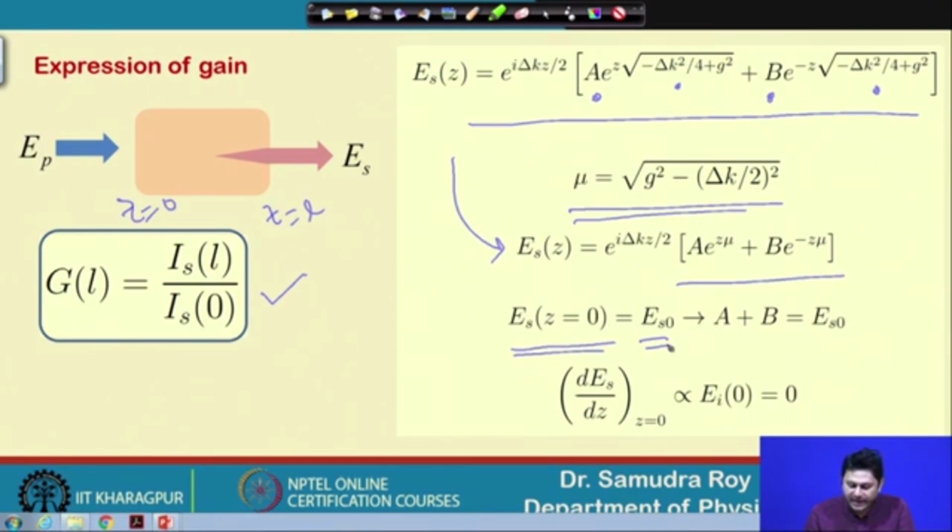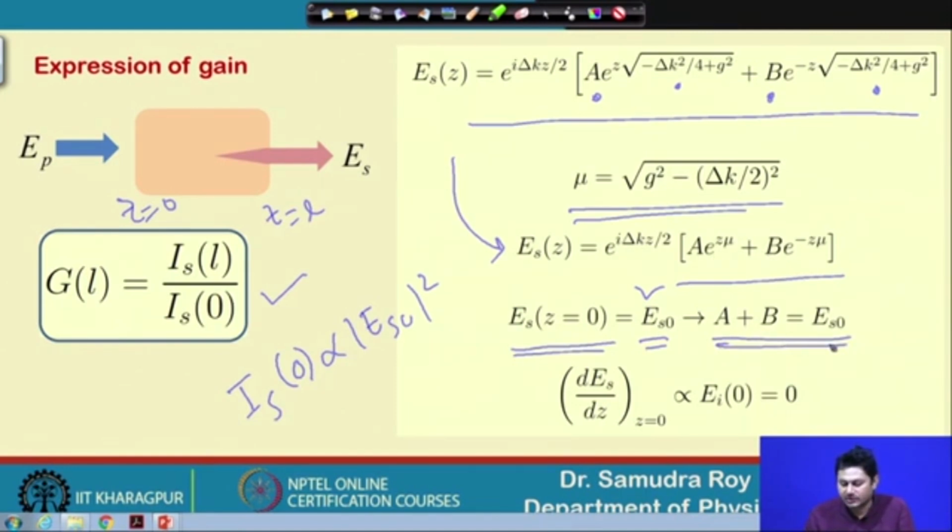So, this value I consider E_s(0). I_s(0) is directly proportional to mod of E_s(0), so this value is our input. When I put z equal to 0, I can readily see that this leads to one relation: A plus B equals E_s(0).